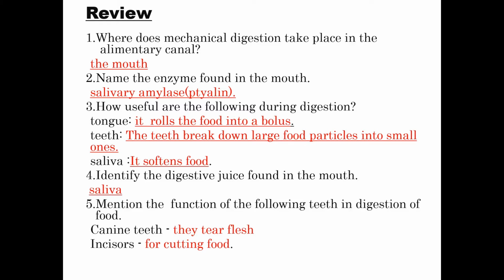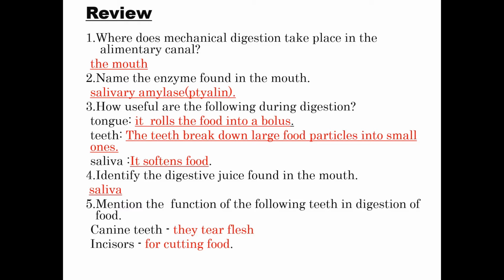And C, the question was all about saliva. How is saliva useful? We discussed and said it softens food. For example, I gave an example of putting dry bread in the mouth. What makes it soft? It is the saliva. 2, saliva moistens food. 3, saliva lubricates the mouth.